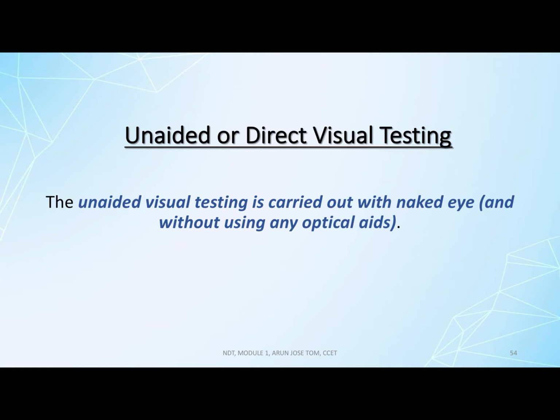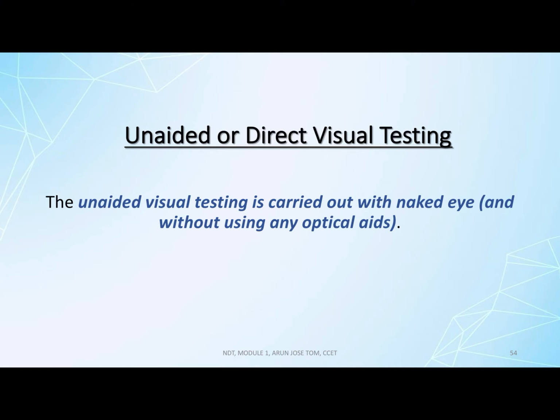Okay, let's see what these two words mean. Unaided or direct visual testing. The unaided visual testing is carried out with the naked eye and without using any optical aids.